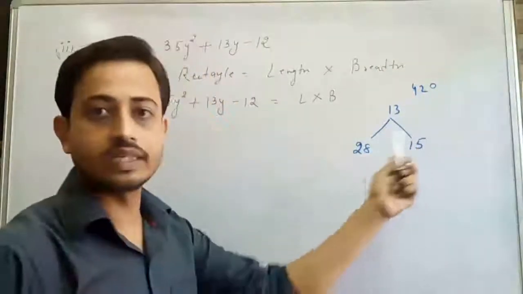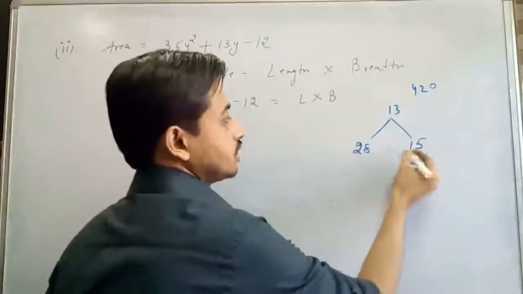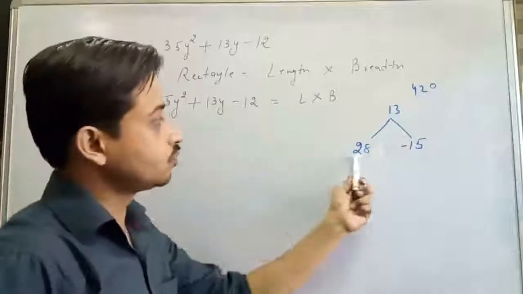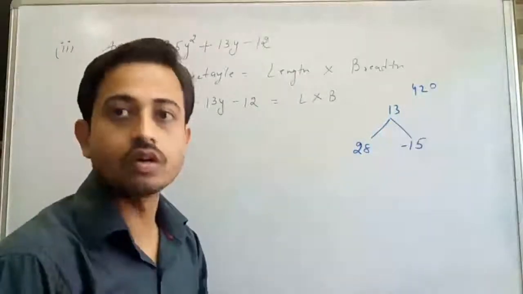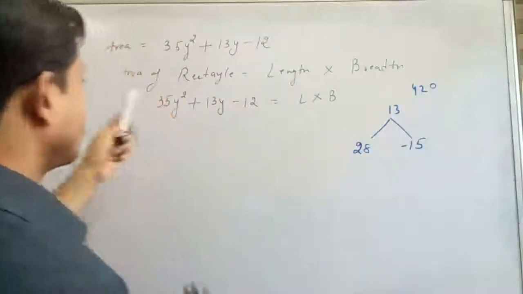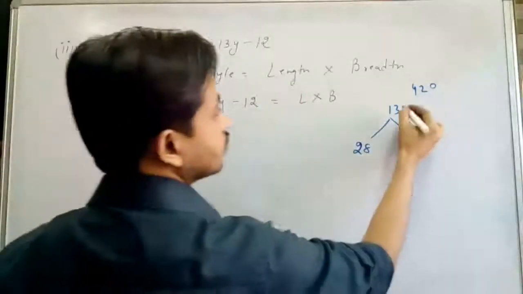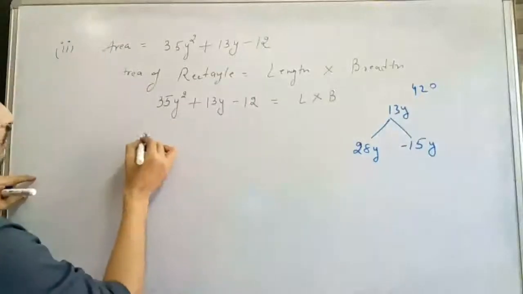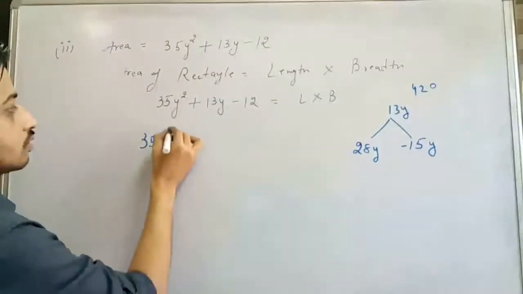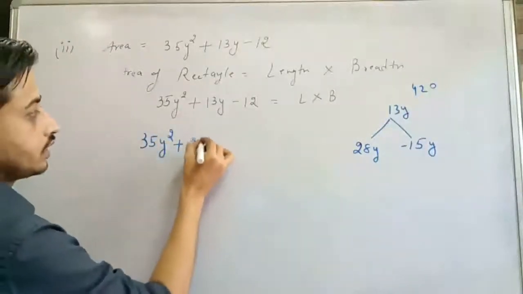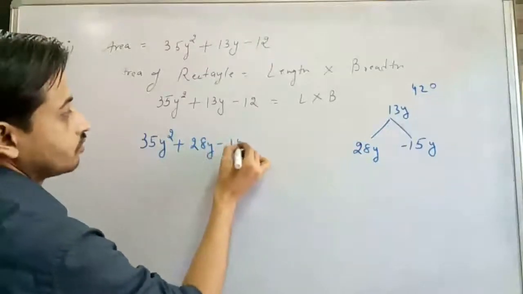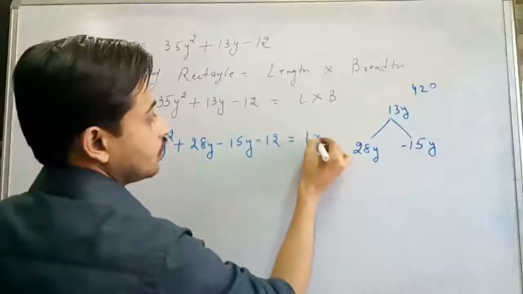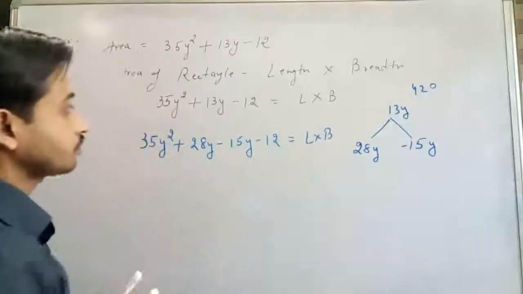If we take 28 positive and 15 negative, 28 minus 15 we get 13y, and if we multiply these we get 420. So these are the factors. Now this is y, so I represent y, y. So now apply: 35y square plus 28y minus 15y minus 12 is equal to length into breadth.